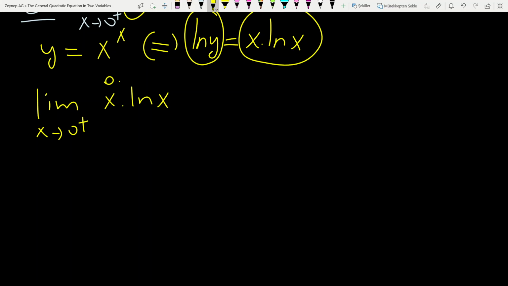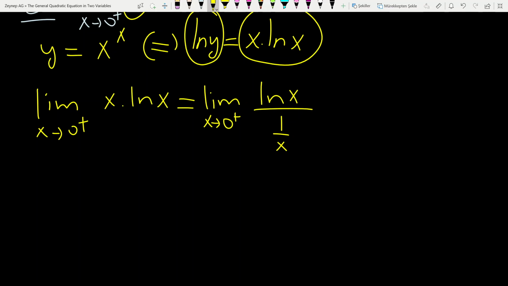And in this expression, when x tends to 0 from the right, ln x, if you remember the graph of the ln function, tends to minus infinity, right? So let me slightly change this expression. It's possible to write this limit function as ln x divided by 1 over x. X is still going to 0 from the right.